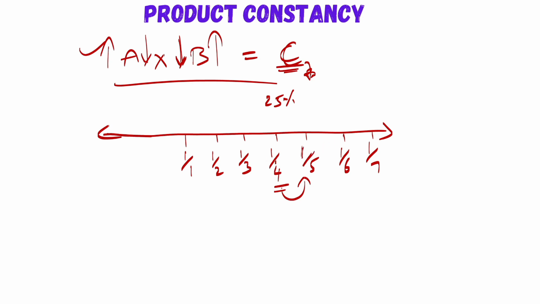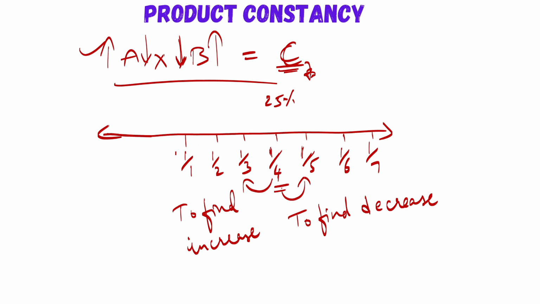Let's say if A is decreased by 1/4, then how much must B be increased? Then you must move one step backwards. So B must be increased by 1/3, that is 33.33% when we express that in percentage. So one step forward to find decrease, and one step backward to find increase.